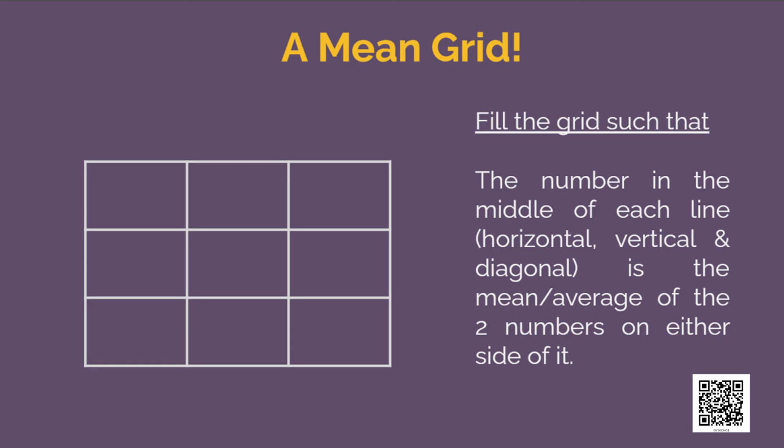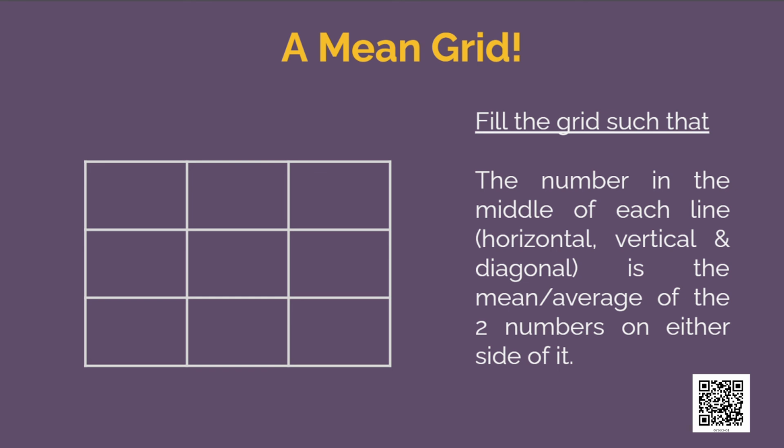Hope you understood. Children, now is the time for a puzzle. An interesting puzzle using averages. So here is an empty 3 by 3 grid. I want you to fill the grid with any numbers, but there is a condition.